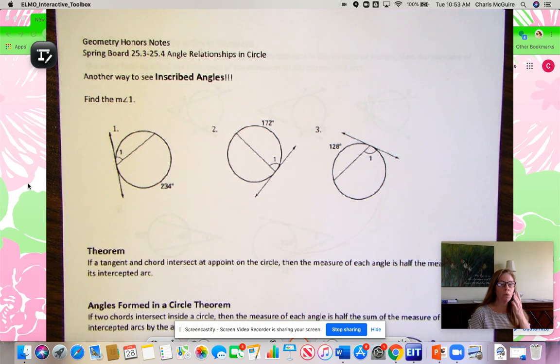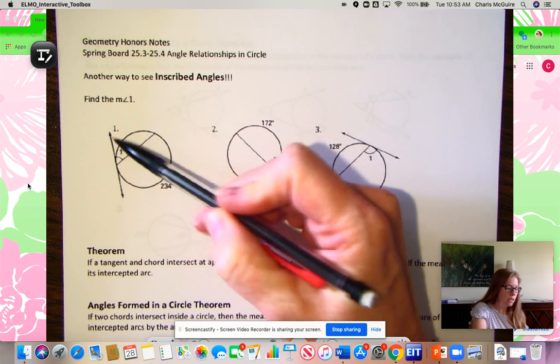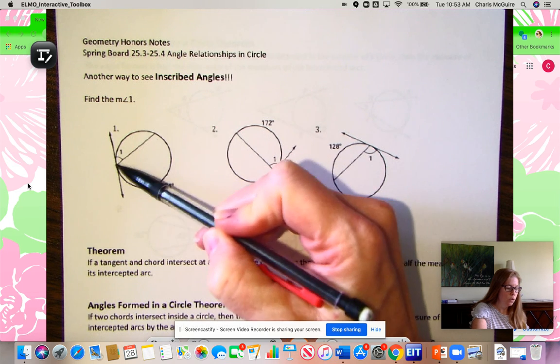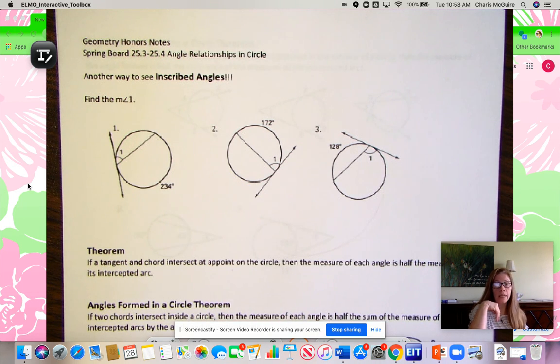When you look at number one, you have to remember an inscribed angle has its vertex on the circle. So what's actually happening here is this is a tangent line to a chord, right? A tangent line to a chord, and it's creating an inscribed angle, and it intercepts an arc. So it's still the same relationship that we saw the other day.